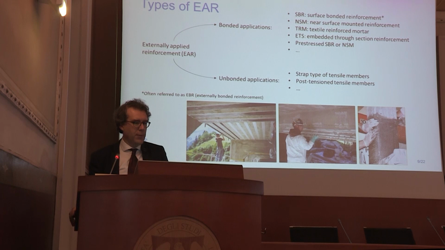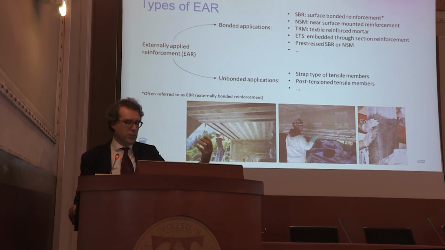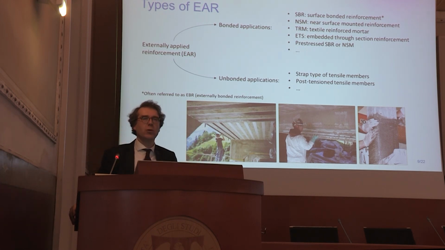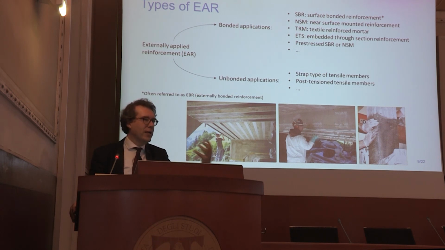And as I told you, different systems are covered. We give them the general name externally applied reinforcement, and we subdivide them into bonded applications and unbonded applications. So for the bonded applications, you have the well-known and very widely used externally bonded reinforcement, which you can more correctly call surface bonded reinforcement.